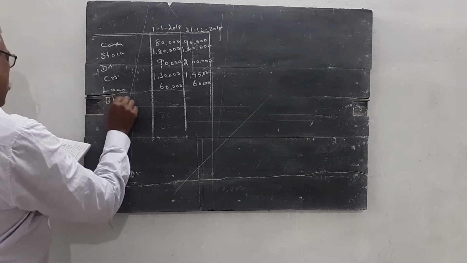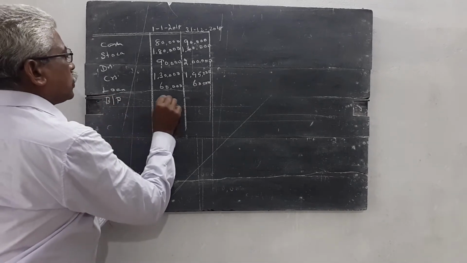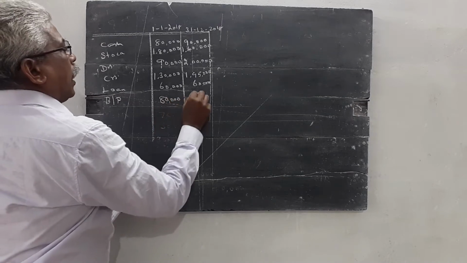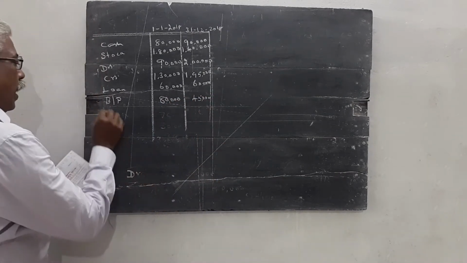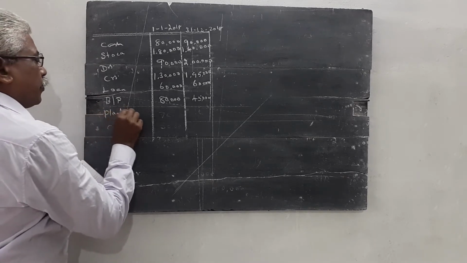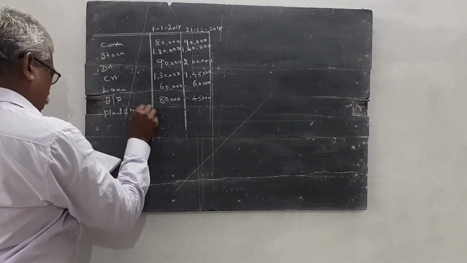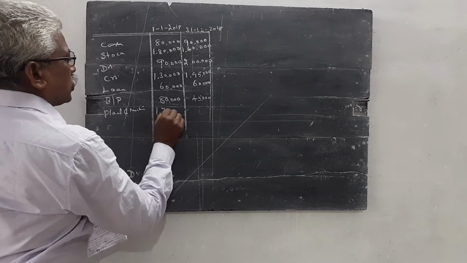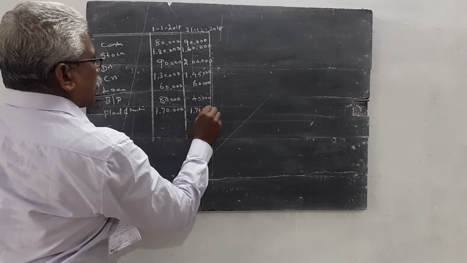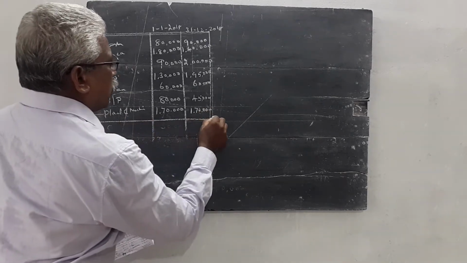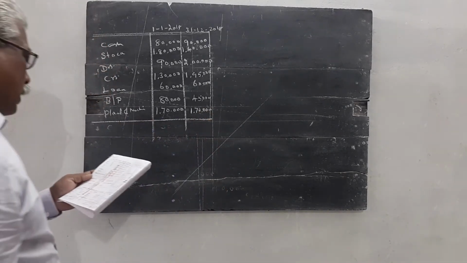Bills payable 80,000 and 45,000. Plant and machinery 1,70,000. This date also 1,70,000. These are all the information given in the question.